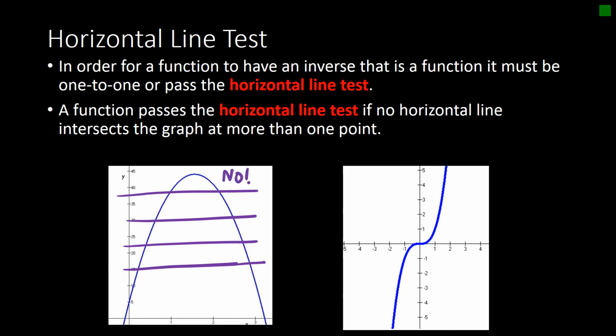No. If I look at this one, this is the cubing function, and I graph a series of horizontal lines. Each horizontal line will touch the graph in only one spot, so I can say yes, this graph has an inverse function.